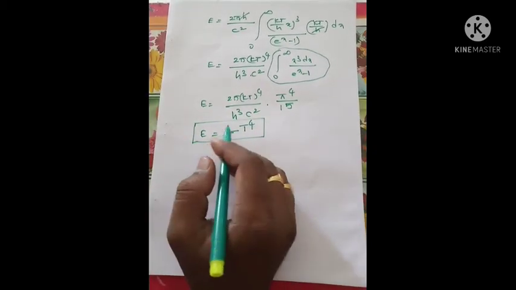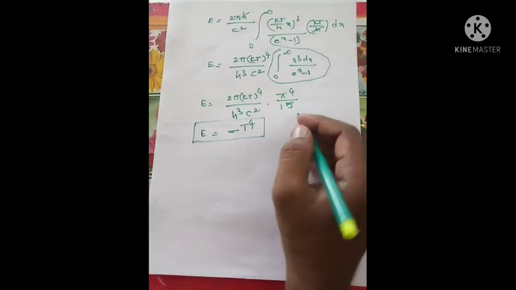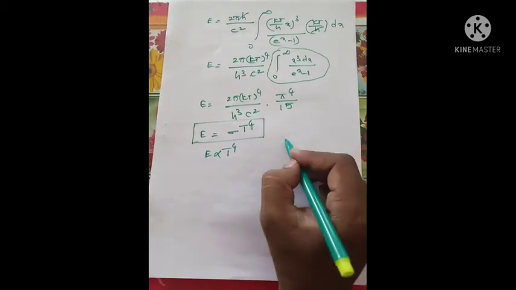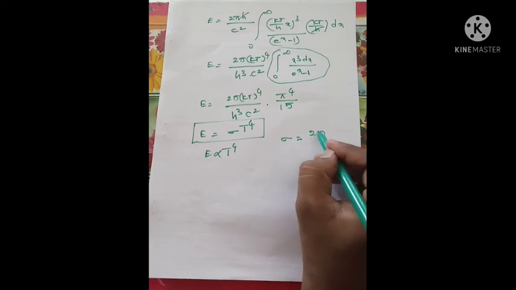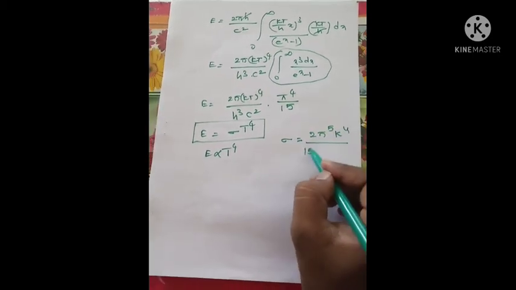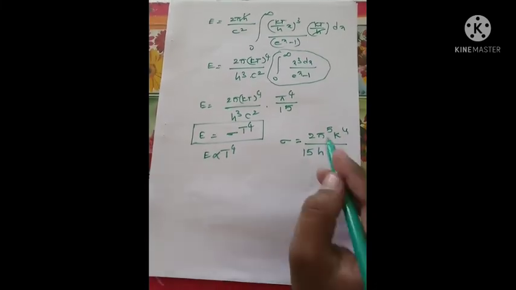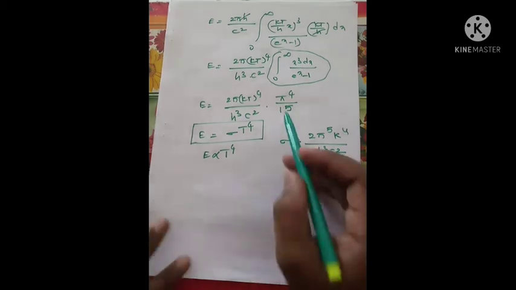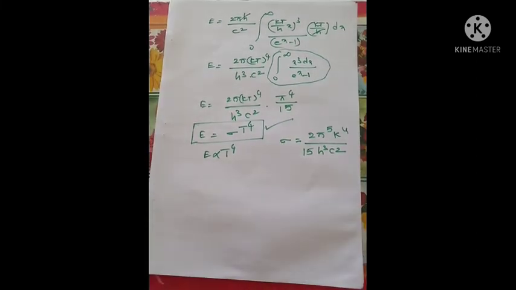This is the Stefan-Boltzmann law, where E is directly proportional to T to the power of 4, and sigma equals 2 pi to the power of 5 k to the power of 4 by 15 h cube c square. So this is our required equation, E equals sigma T to the power of 4.